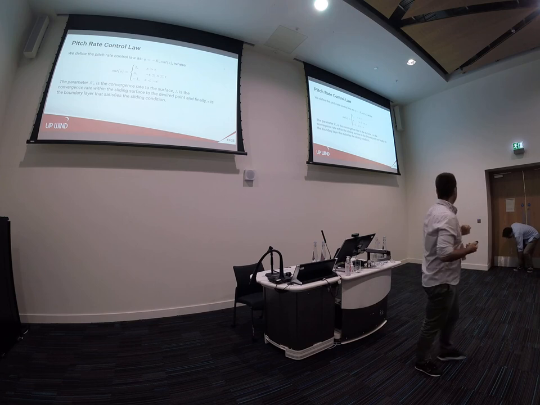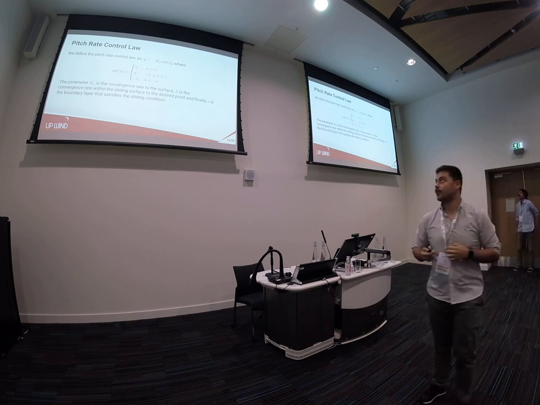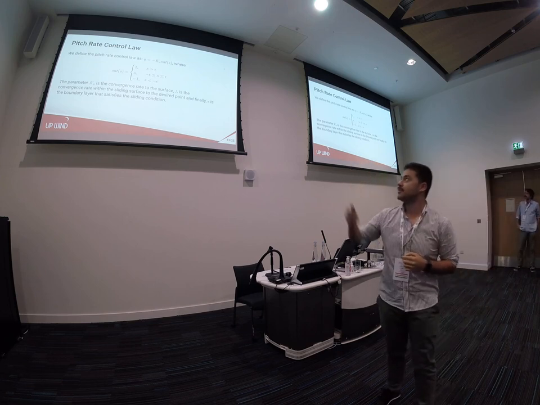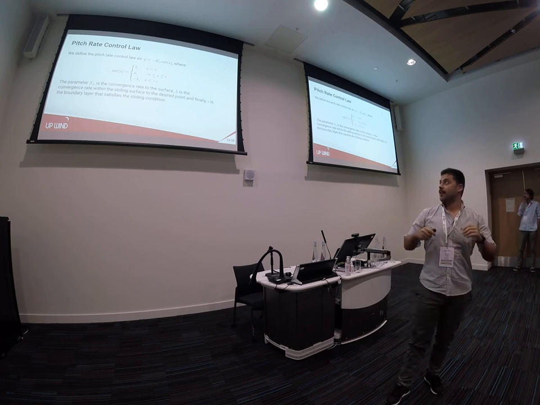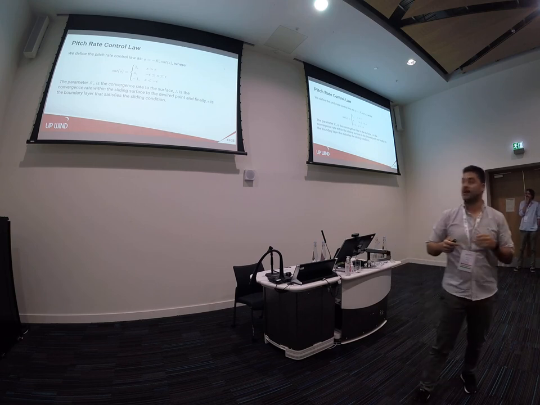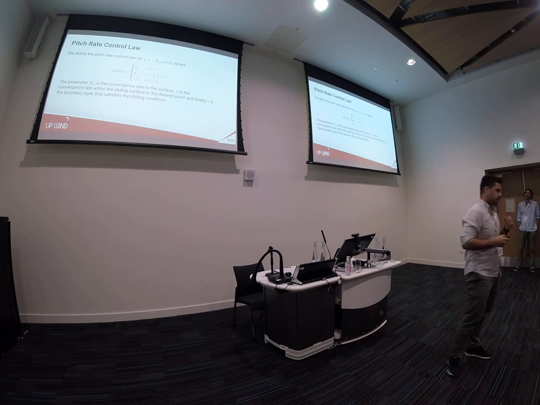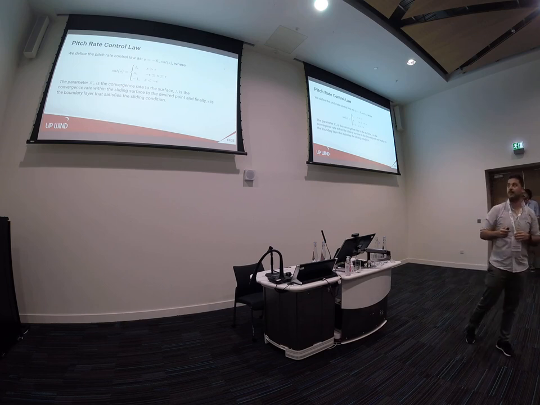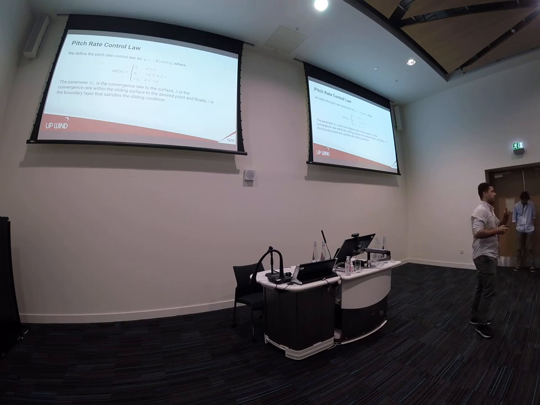We also define the pitch rate control law as q equals minus Ks times a saturation function of S, where this function is defined to reduce the chattering of the control.